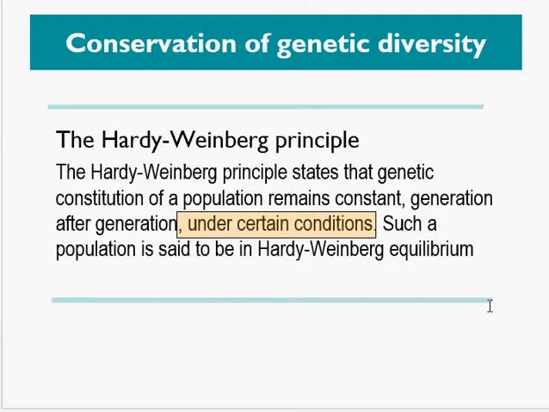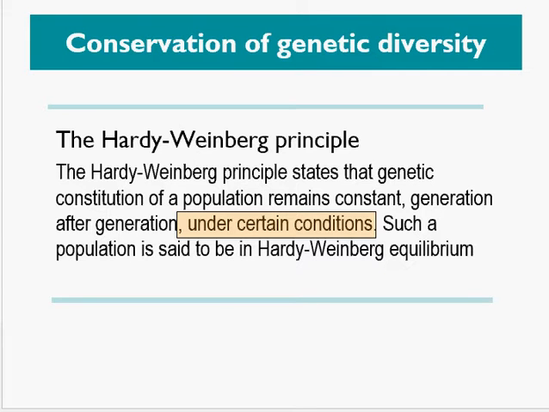The genetic makeup of that population remains constant, generation after generation. The same alleles are present in the gene pool, generation after generation, and the proportion of those alleles remains the same, generation after generation. A population is said to be under Hardy-Weinberg equilibrium if that is the case.